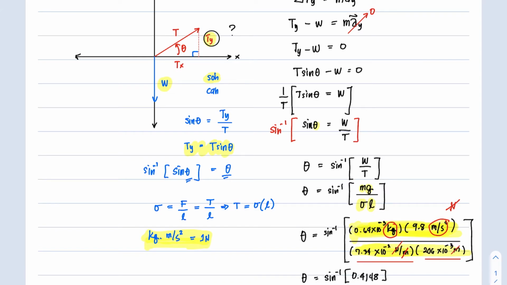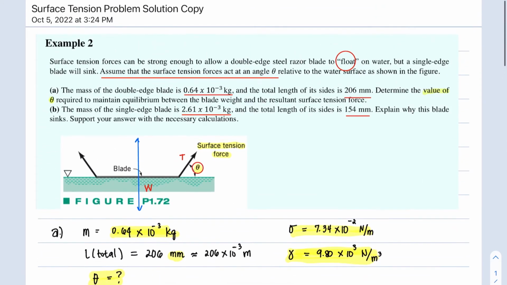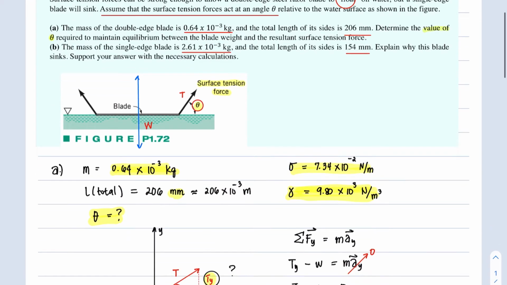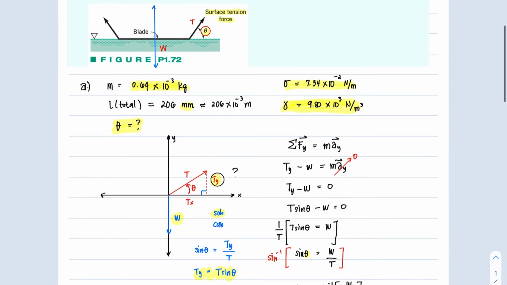That means from the illustration above, this angle must be 24.51 degrees, sorry, not Celsius, for the surface tension force to be able to hold the double-edged blade with a mass of 0.64 times 10 to the negative 3 kilograms. So that's the minimum angle for it to hold.